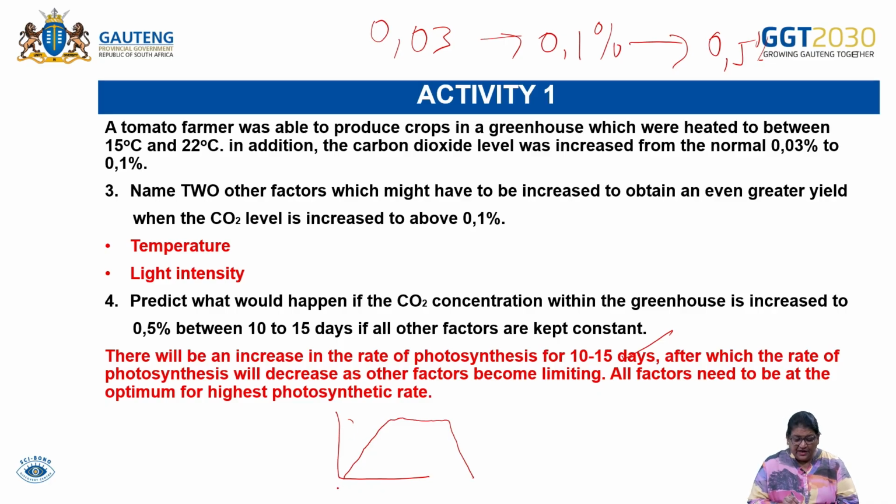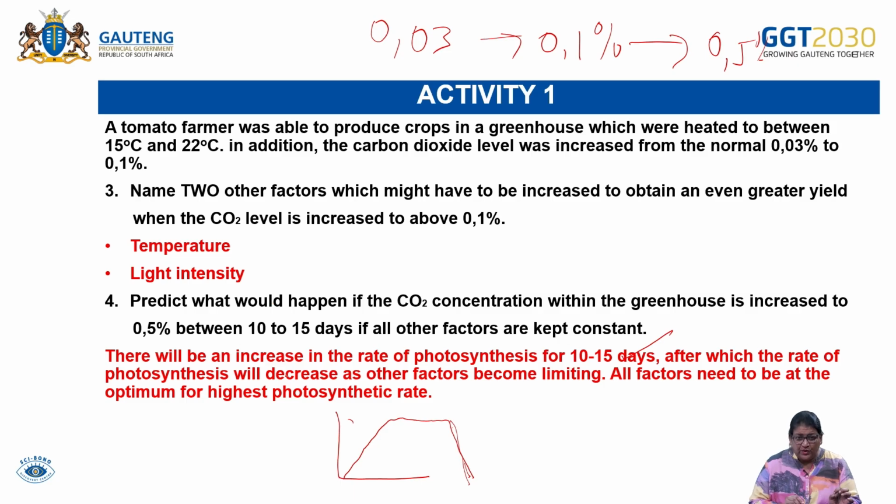Because now, here you're increasing your CO2. You're increasing it too much. Now water, light, and temperature become limiting factors. So photosynthesis will decrease and level out, and eventually all that CO2 will be there, there will not be enough water, and then you find photosynthesis is going to drop. Okay. So there will be an increase in the rate of photosynthesis for 10 to 15 days.